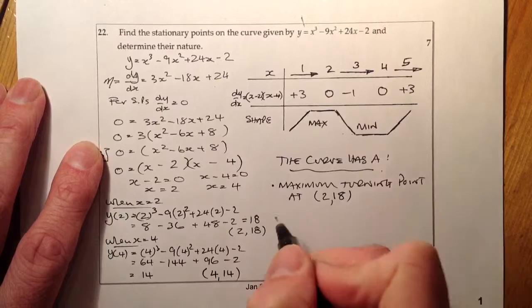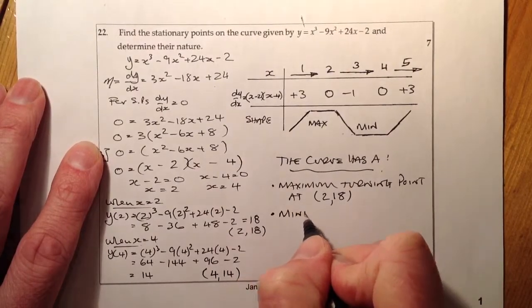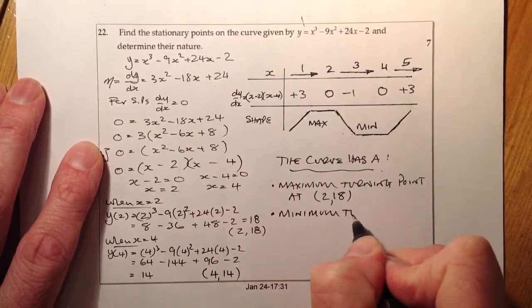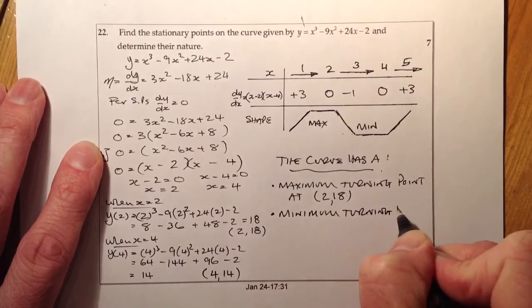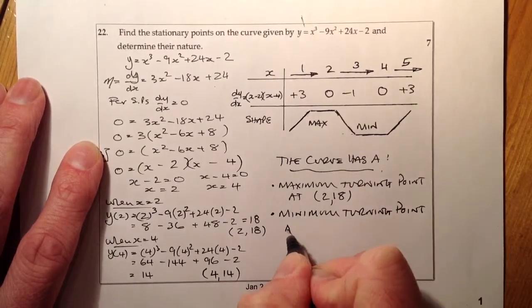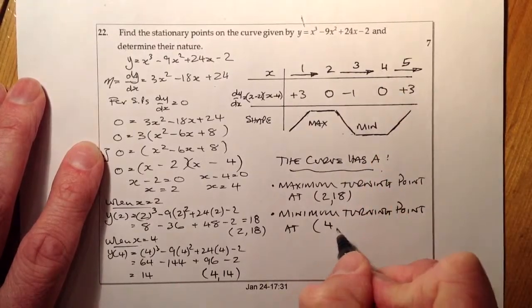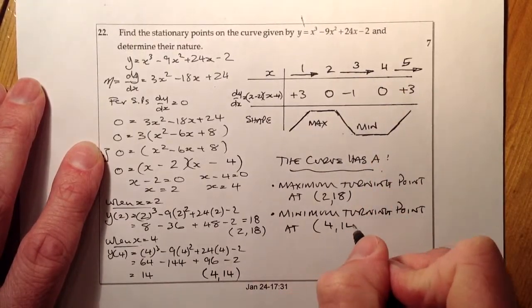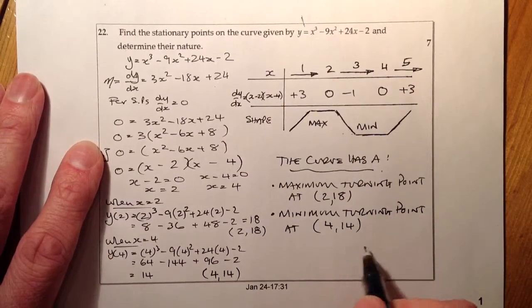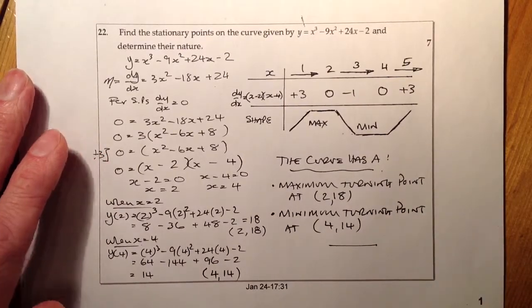There we go there. And it'll have a minimum turning point at, and remember the x coordinate was 4, so it's going to be 4, and remember I worked out 14 as the y coordinate from there. Okay, and that would be the question complete.